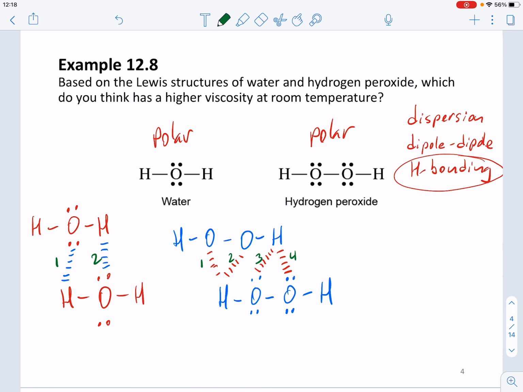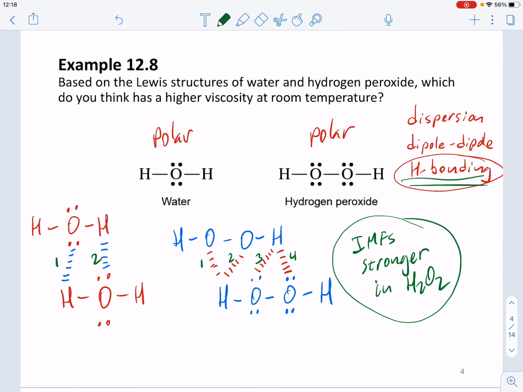So because you have a higher number of interactions in the hydrogen peroxide molecule compared to water, yes, you have hydrogen bonding in both, but the IMFs are stronger in the hydrogen peroxide molecule. If we determine this, then that means hydrogen peroxide will have a higher viscosity compared to water.